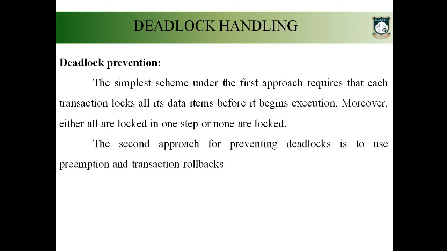One simple approach of deadlock prevention is, before beginning any transaction, obtain all the locks the transaction requires, and then allow the transaction to execute. If we follow this, definitely the system will never enter a deadlock situation.